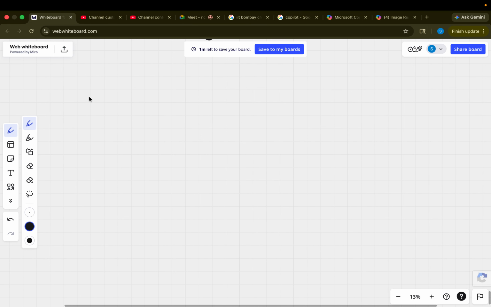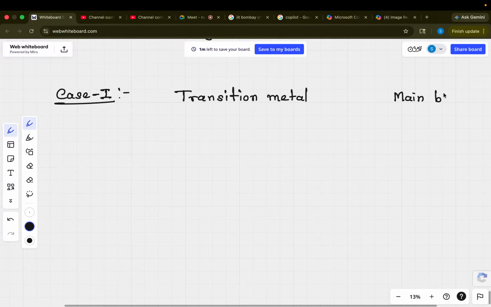So now it will be easy enough. Write down case 1. Transition metal, and you will get main block elements here. That thing I have already shown. If you have 18 electrons, for main block it will be 8 electrons.